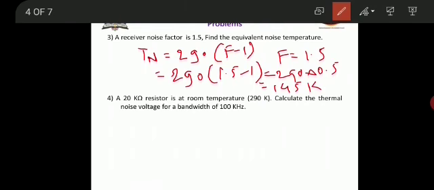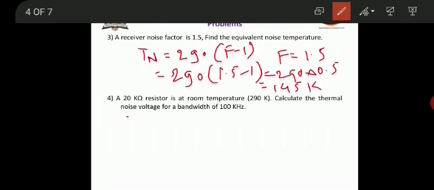Next problem is to calculate the noise voltage if the resistance value is given, room temperature is given, and the bandwidth is 100 kilohertz. How to solve this problem?